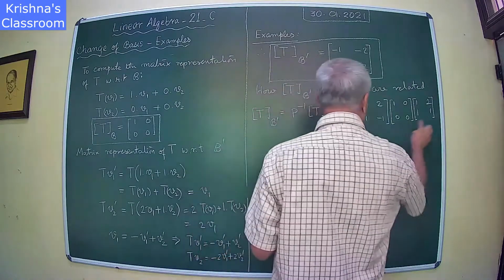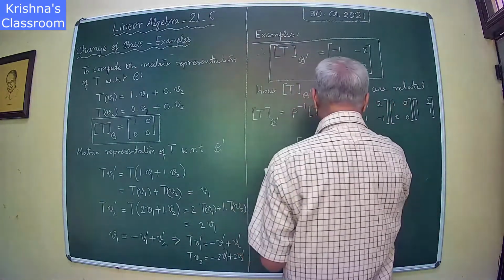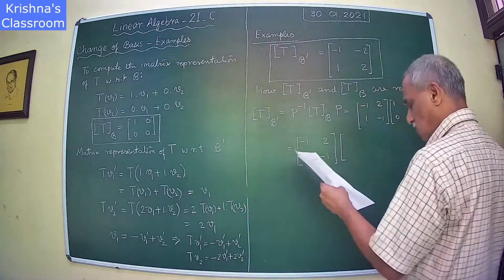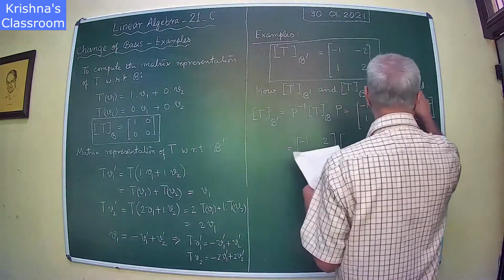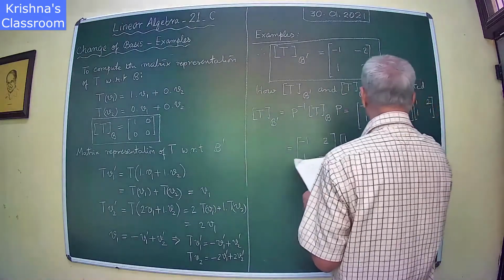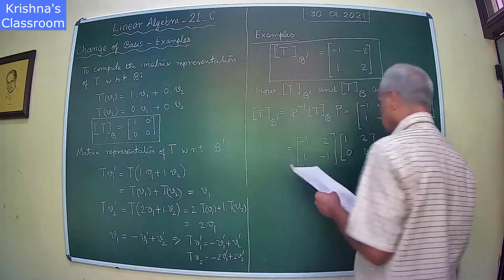Now we give the product of these two. To write down the product of these two, you see that this is essentially 1, 2, 0, 0.